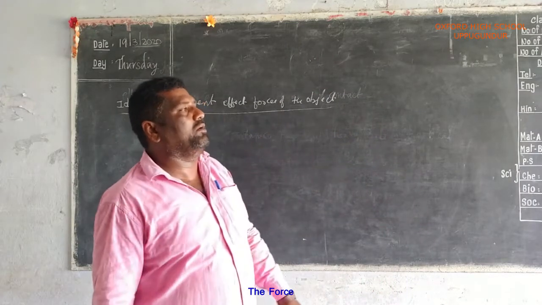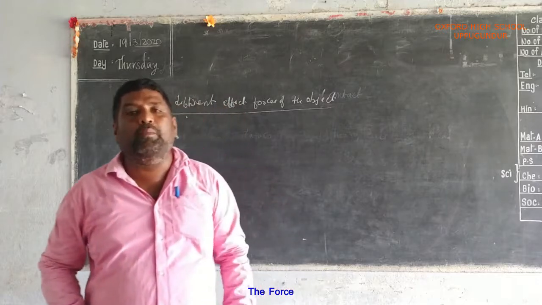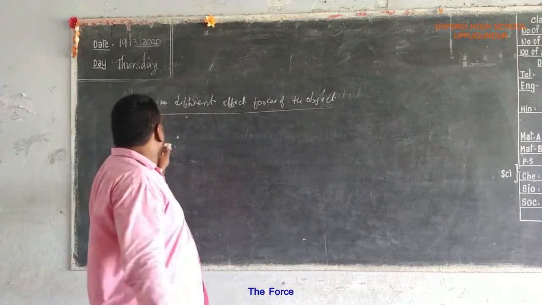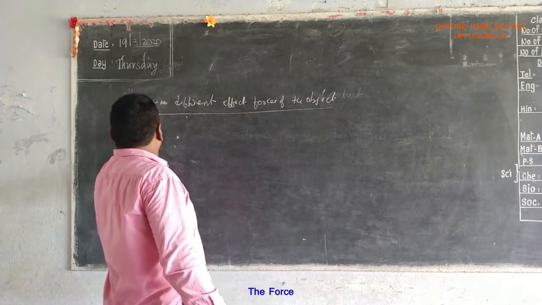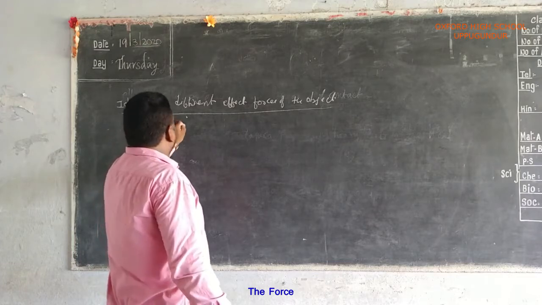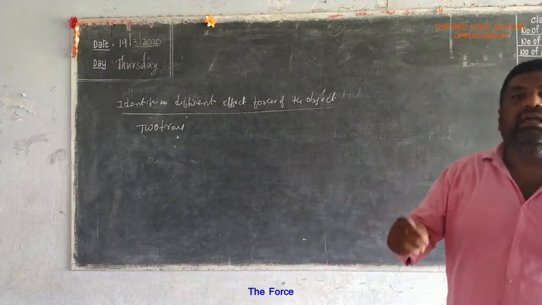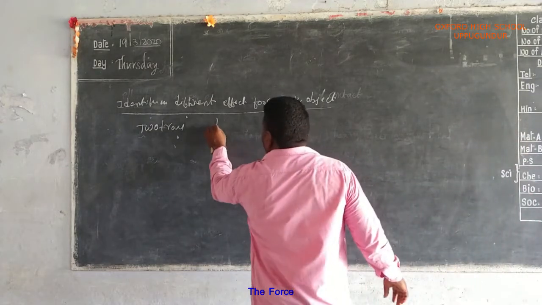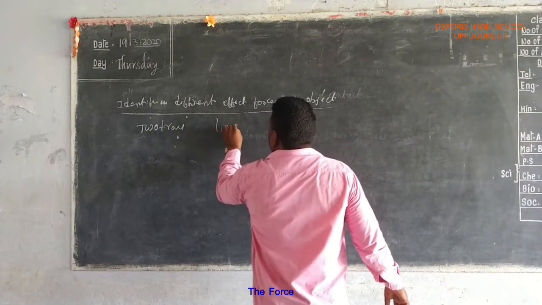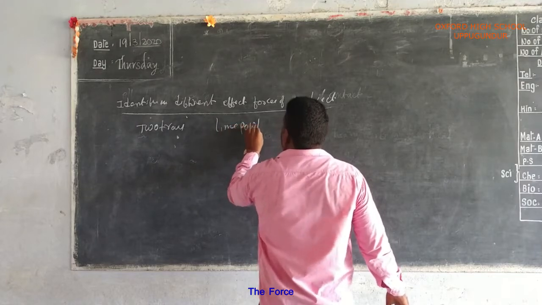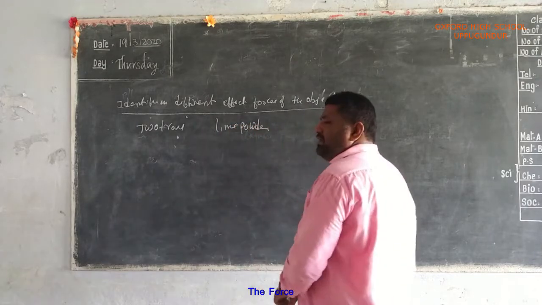For example, I will take two trays. How many trays? Two trays. These two trays are completely filled with lime powder.